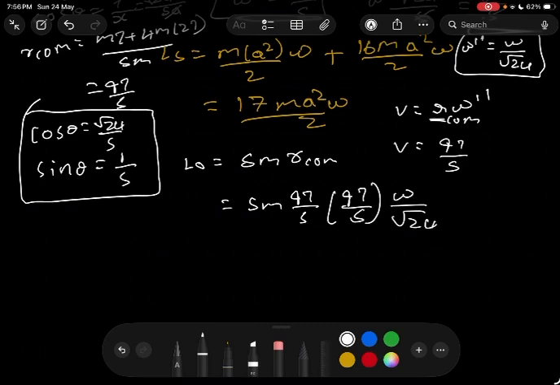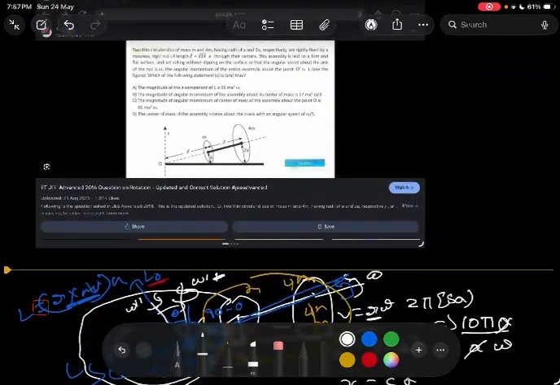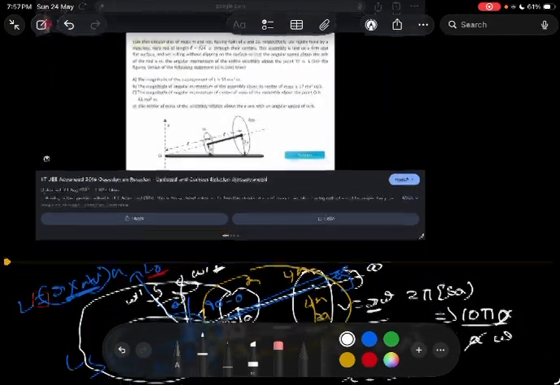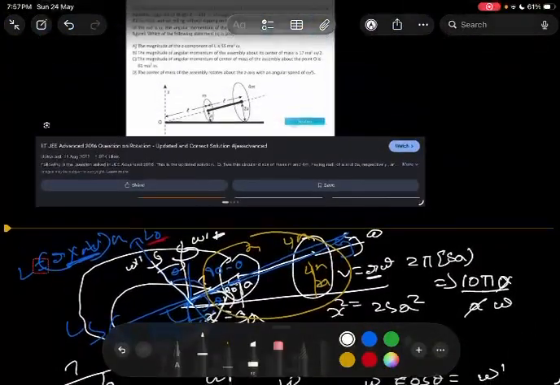Now we just have to multiply by 5. M times 81, L square is 24 a square, omega by root 24 times 5. Now if we calculate this, option C will not be the answer because of root 24 on the upside, so that's why option C is wrong.